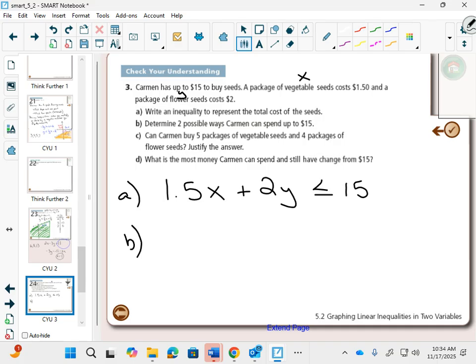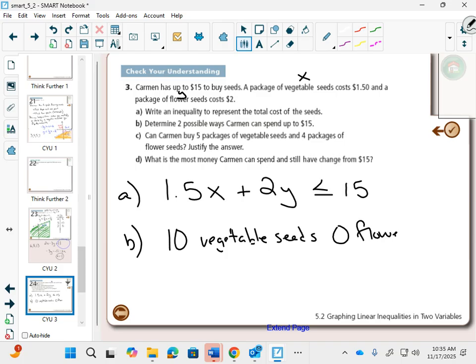Can you give me a possibility that works? 10x. She just buys vegetable. Zero flowers.